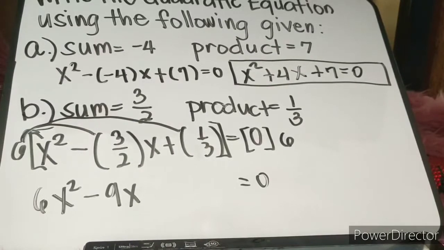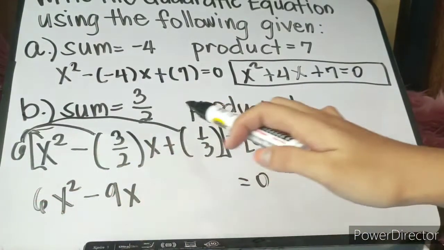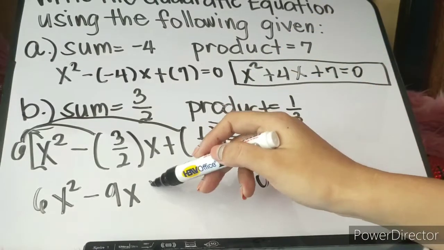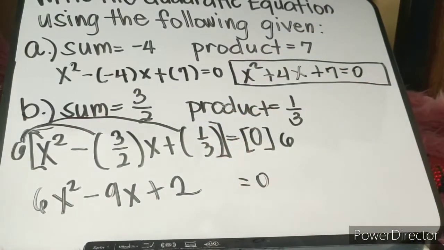Okay? So, on this case naman, pareho lang yung answer. So, ito, kagaya nito, 6 divided 3 is 2 times 1. That's 2. Okay, so that is our quadratic equation given the sum and the product.